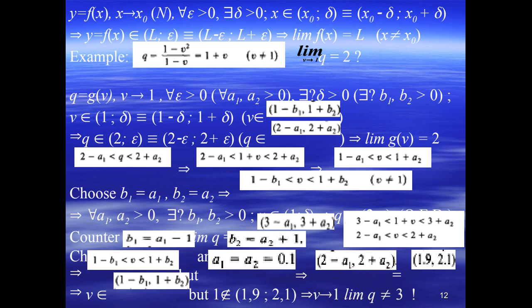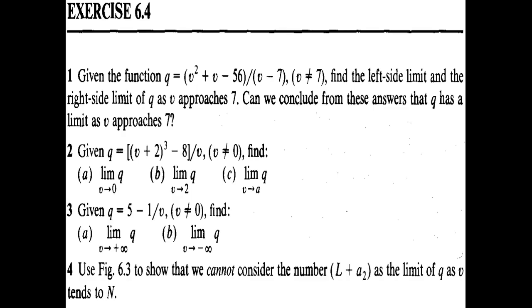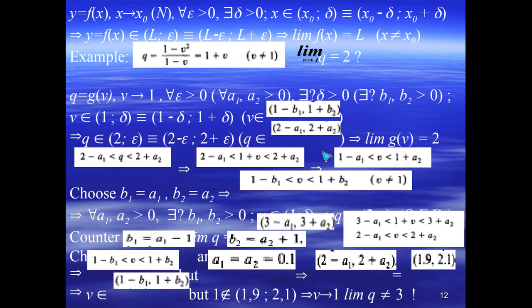And here at the end of this sub-chapter, we have these exercises. Try to solve them as well. Of course, the numeric examples are easier to solve, but these proofs with delta epsilon neighborhoods are difficult to understand. I accept it, I understand it, but you should try your best to understand them as well.